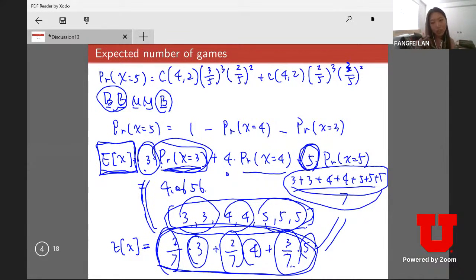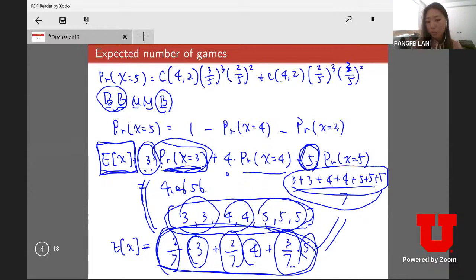You can compute how many games there are of length 3, and then multiply that by 3. Then you add how many games there are of length 4, multiplied by 4, and how many games there are of length 5, multiplied by 5, and divide all of this by the total number of possible games.